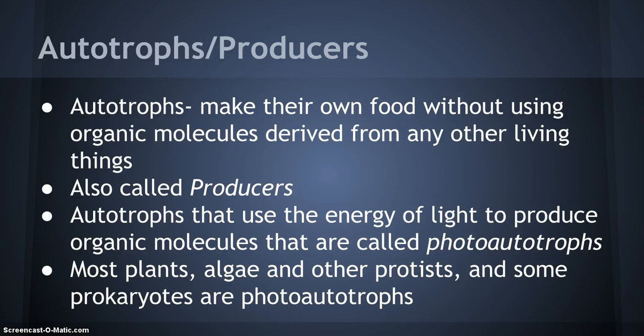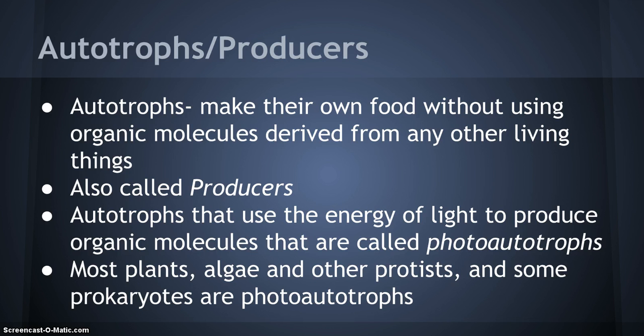So autotrophs and producers. Autotrophs make their own food without using organic molecules derived from any other living things. That means we're not using carbohydrates, we're not using proteins, we're not using any of that, but we are using solely carbon dioxide and water, which is going to create our glucose.